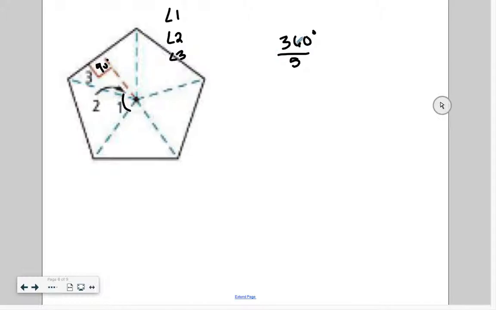So 360 divided by however many sides are in that figure is going to tell you the measure of each of these interior angles. We'll get into that later. Just for now, 360 divided by 5, and that's going to tell you the measure of angle 1.